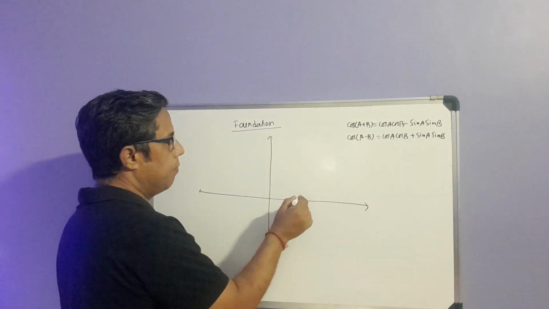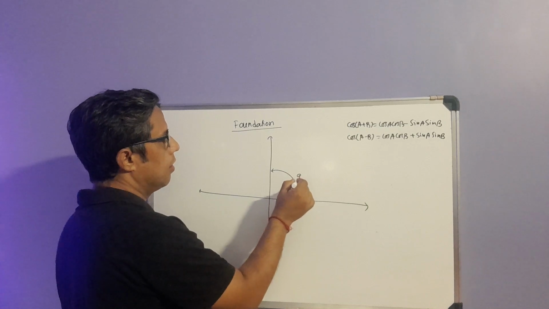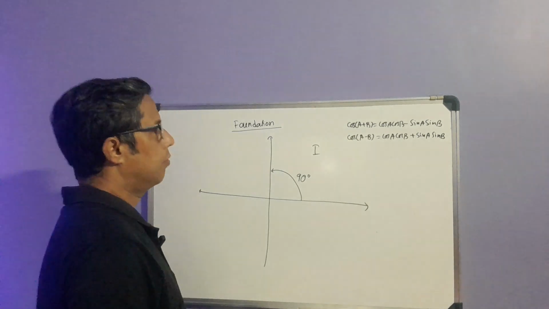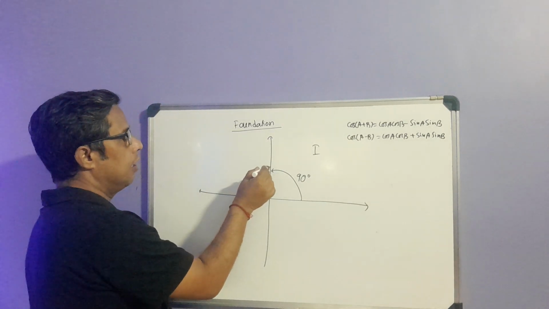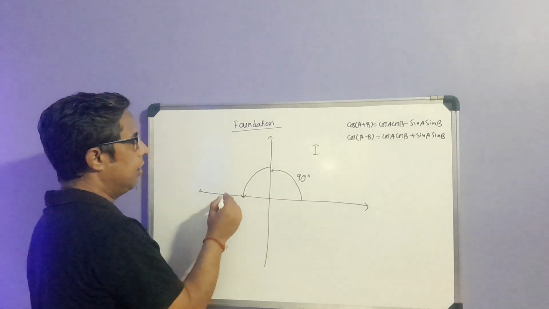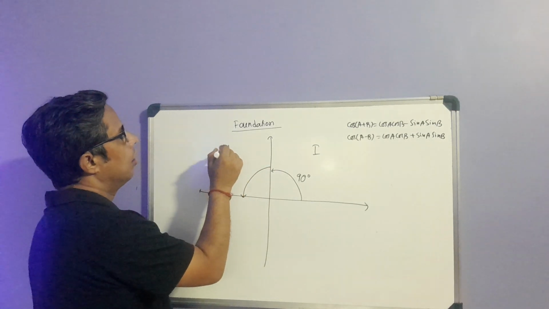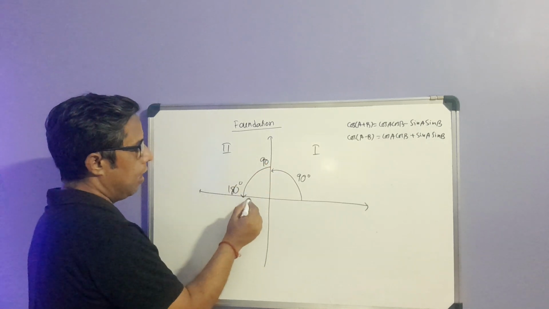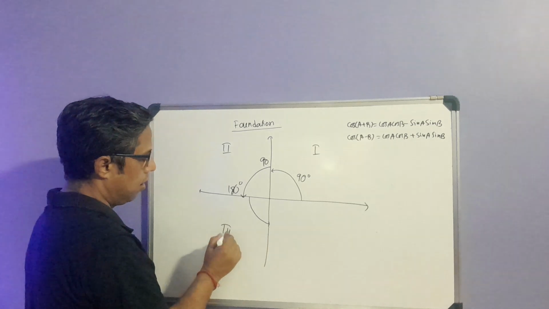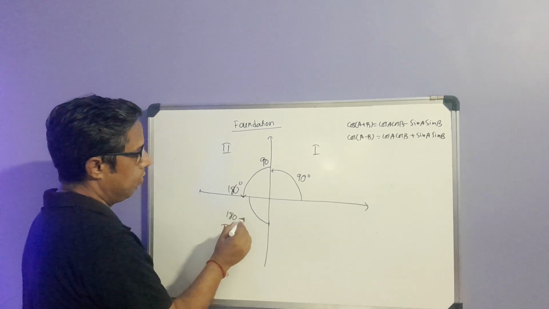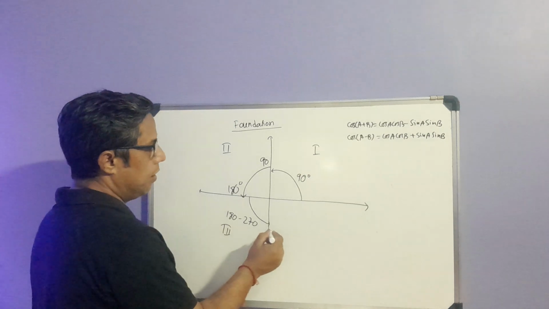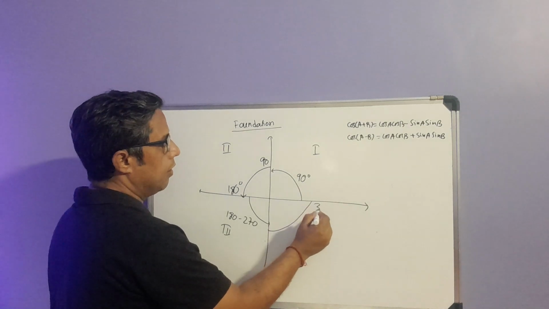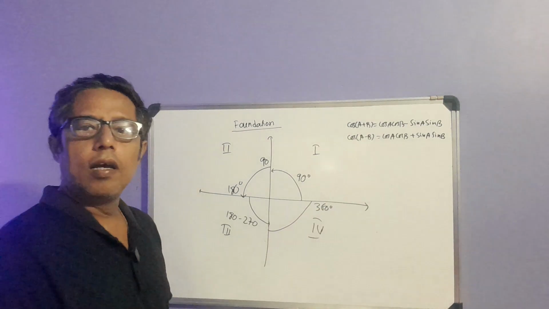Here this part is the first quadrant, and this is 90 degrees. This is the second quadrant, from 90 to 180 degrees, and this part is the third quadrant, 180 to 270 degrees, and this is the fourth quadrant, 270 to 360 degrees.